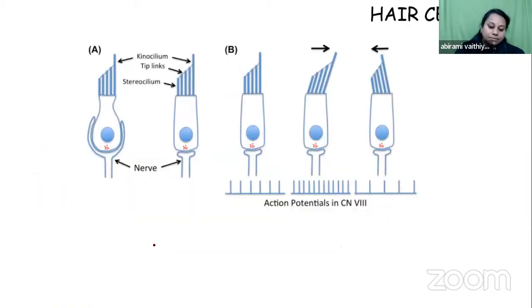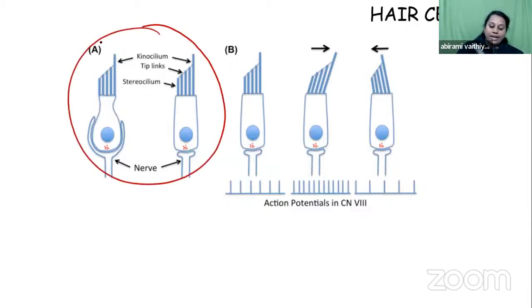Let's see that. This is the structure of the hair cells. There are different heights of hair cells: the shorter hair cells are called stereocilia and the taller ones are called kinocilium.